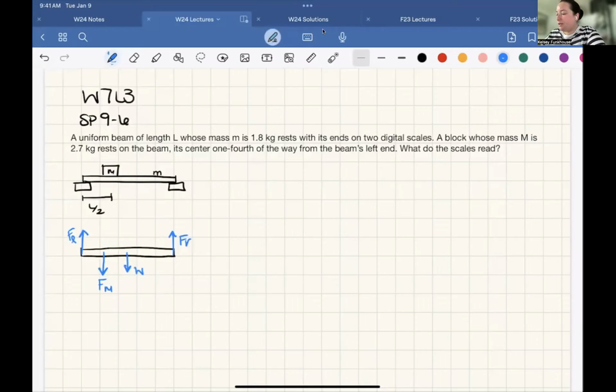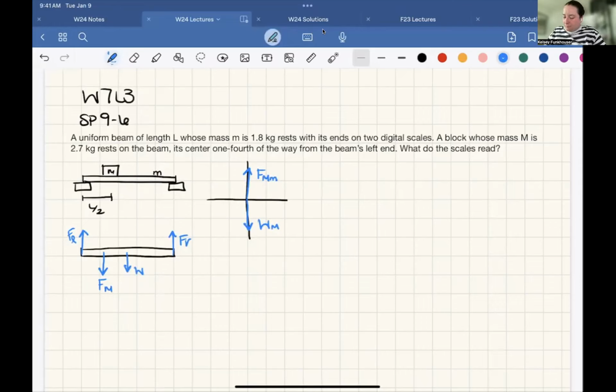And for completeness, we can also just draw a quick free body diagram of the mass, and we have its weight force. And then we have the force up from the beam. So that is just, let's see, force on the mass from the beam.